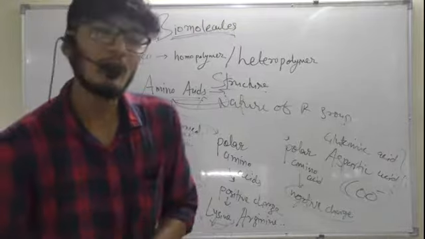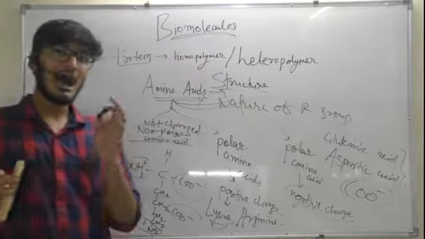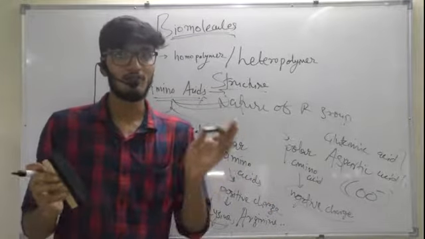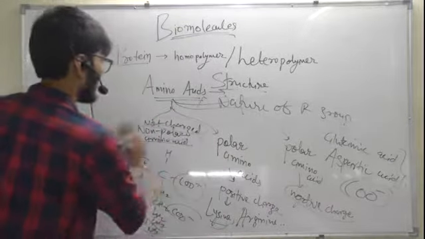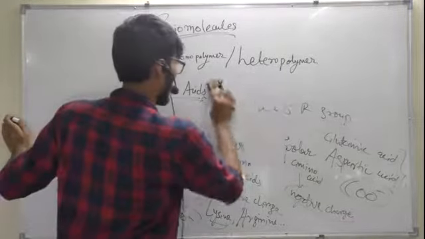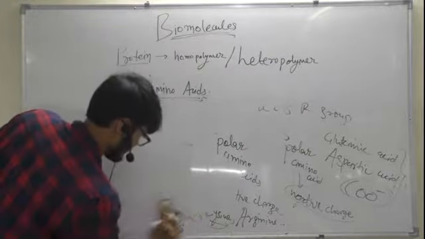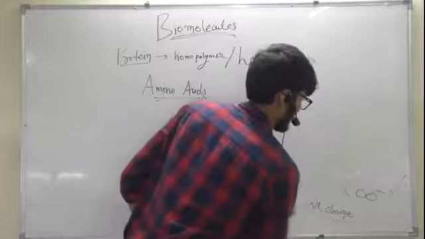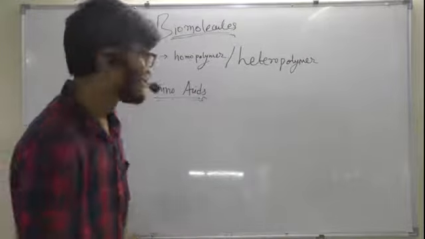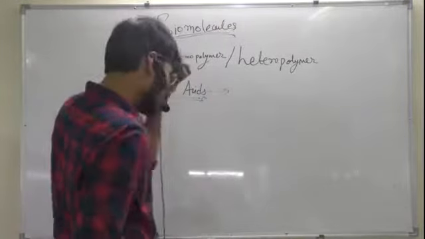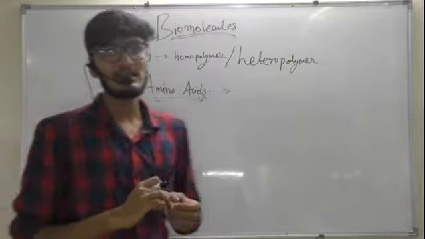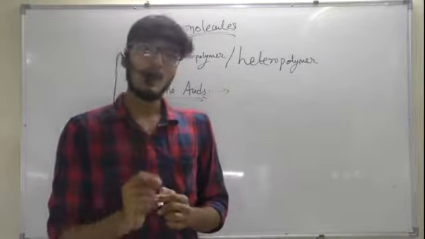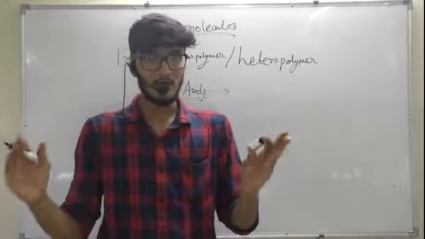Now we'll talk about how protein is formed, how different amino acids combine with each other to form a protein. As we have seen, there is an amino group and a carboxyl group in a single amino acid.